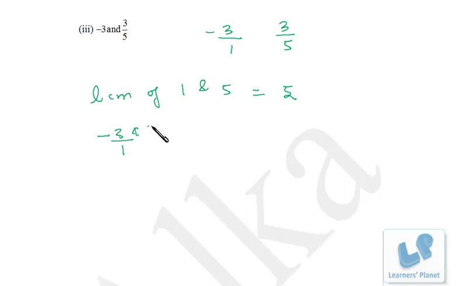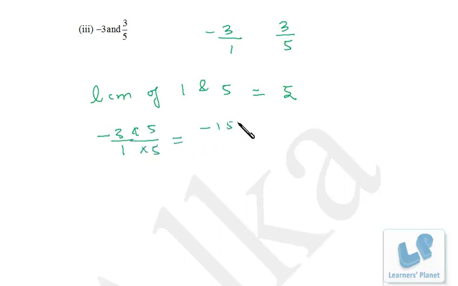Now let's take this problem. Here it is minus 3 by 1 and 3 by 5, right? So the denominators are 1 and 5. So first of all we have to find out the LCM of 1 and 5. That will be 5 only, right? I just write it over here. LCM of 1 and 5 is 5, right? So this can be written as into 5 by 5.